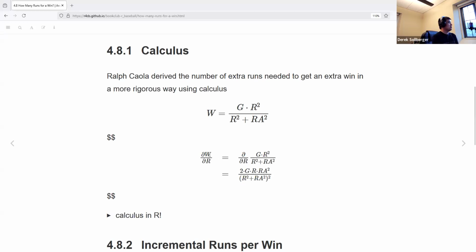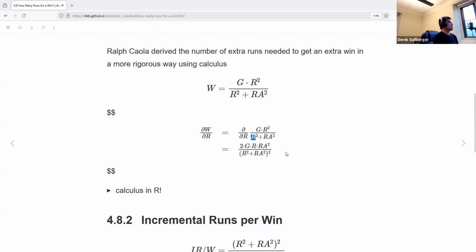We're going to find the rate of change in the wins with respect to runs. Since runs appears in both the numerator and denominator, you recall your wonderful adventures in calculus class, do some quotient rule, and you eventually end up with this formula.